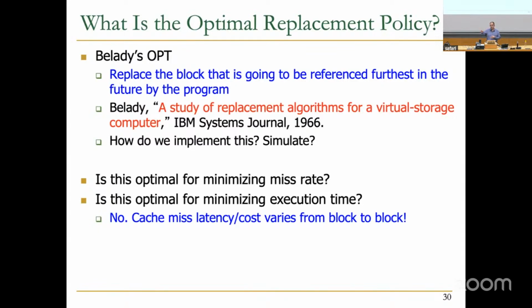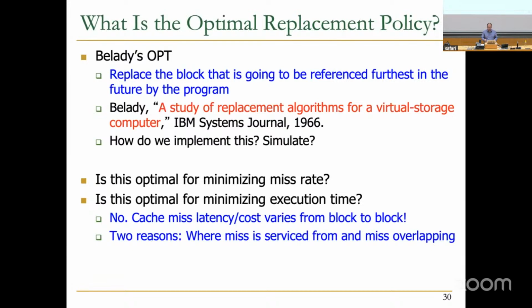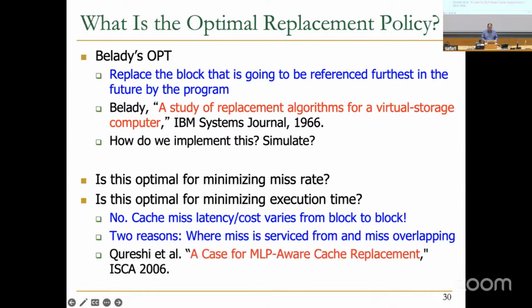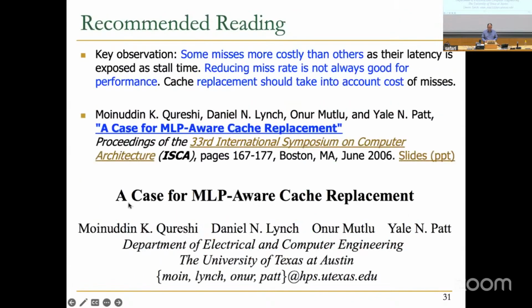For some other block, you might also miss in L2, and miss in L3, and need to get data from DRAM. So cache miss latency and cost vary from block to block. There are also other reasons, like memory level parallelism, that can cause miss overlapping, which we will hopefully see later today. These things we'll discuss in this paper. If you're interested, you can also check it. Okay.